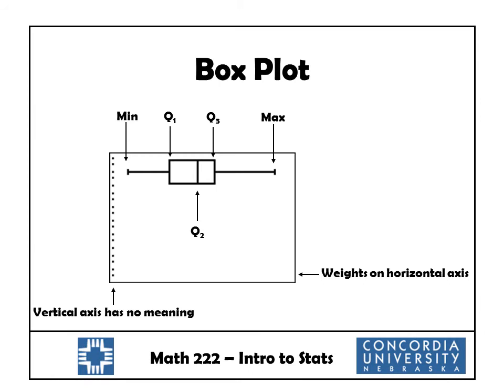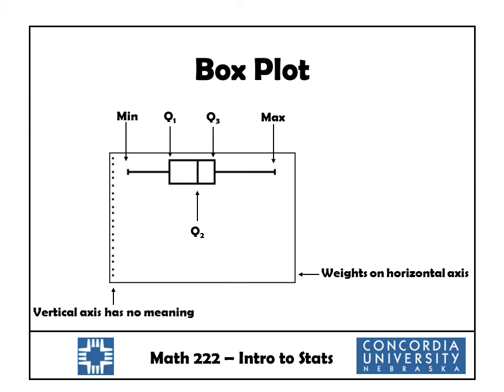This graph is our box plot. The weights of our pennies are on the horizontal axis. The vertical axis has no real meaning. The left end of this box plot is our minimum value. Our axes aren't labeled here, so these are a little bit hard to read, but that left end corresponds to the minimum value.